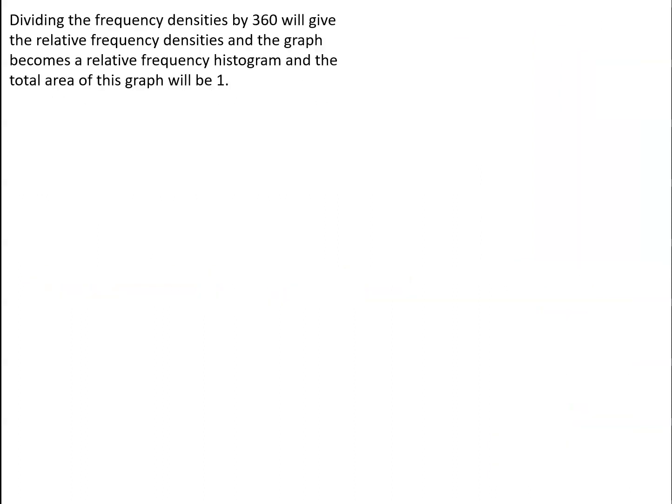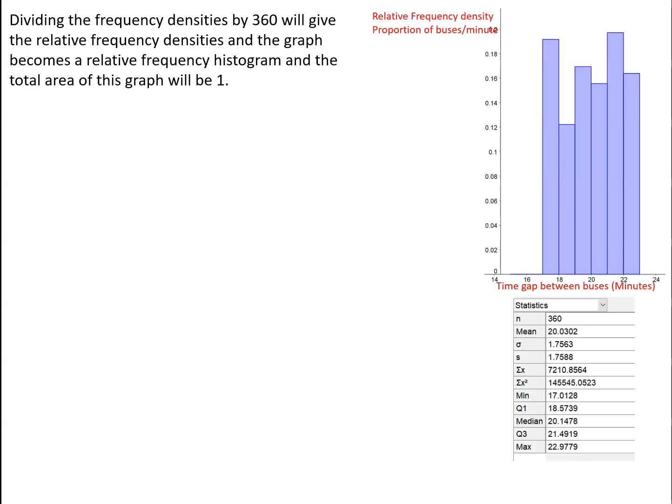So if we divide the frequency densities by 360, our histogram will become a relative frequency histogram, or a normalized histogram. The only thing we've done is divide all of the frequency densities by 360, which means the area under the graph now, instead of being 360, will just become 1.